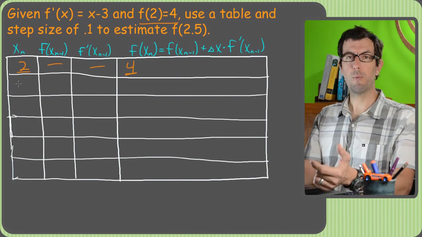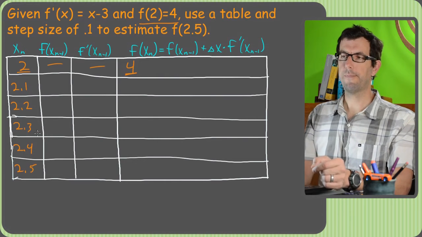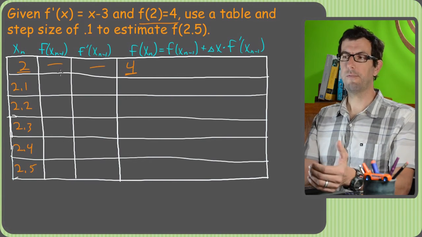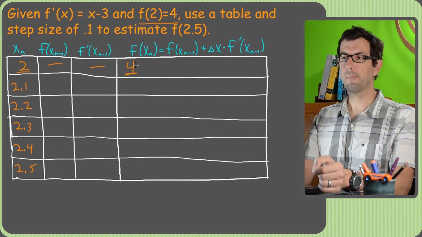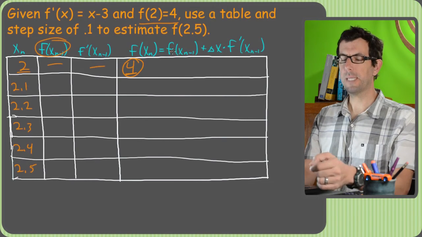So if it's a 0.1 increment, you can fill this in right now: 2.1, 2.2, 2.3, 2.4, 2.5. And since we're working with a table, we could even fill in some other stuff ahead of time. For example, if we know that 4 is the y value at 2, that's the one we're going to put right here that's going to help us estimate, right?